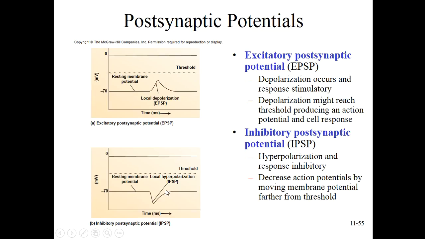Let me give you specific examples, big picture examples of why we need these two different processes. If I have a question and I want to raise my hand, I have to excite the neurons that go to my arm and extend my elbow and flex my shoulder to stick my arm up in the air. But I also want to inhibit the other muscles.